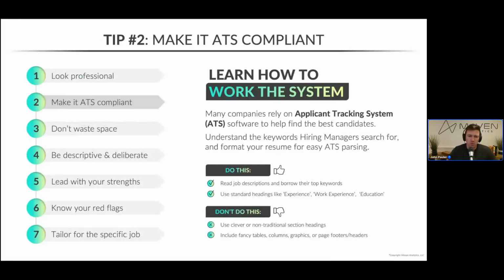The next piece is the applicant tracking system. And I will go into a little bit more depth on this one because I think a lot of folks don't understand it. So companies, especially a lot of big companies, will use some software to help them find the best candidates. And really, the function of the software is almost not necessarily to find the best candidates, but to select a smaller pool from the bigger group that is still in consideration and weed out anybody who doesn't have the qualifications at all, right?